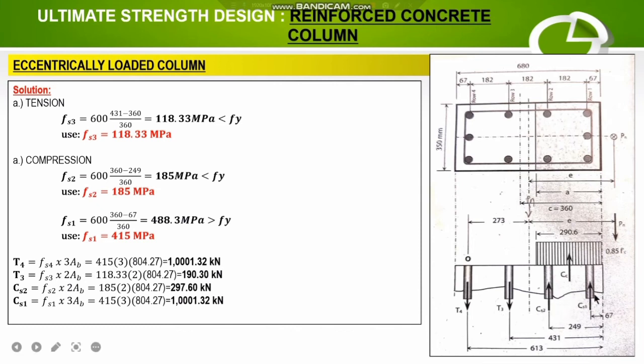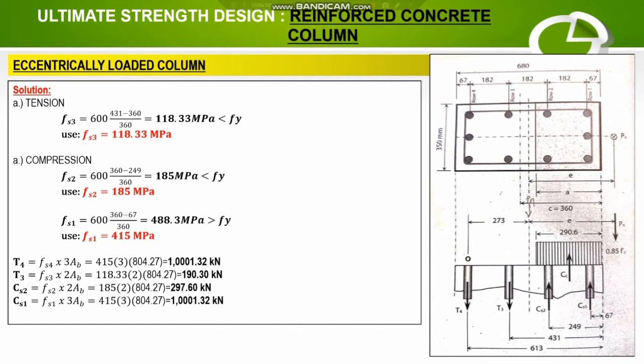So these two act in the compression section of the column. So basically, in solving for the forces, just use the basic formula of force, or stress is equal to force over area, then cross multiply to solve for the force.